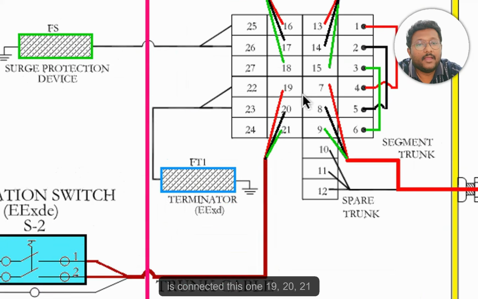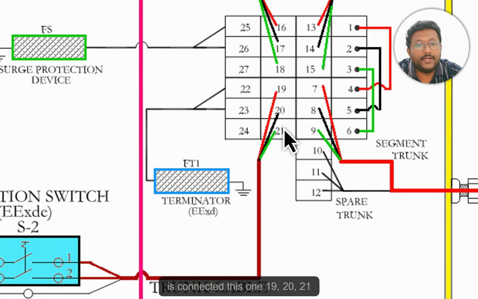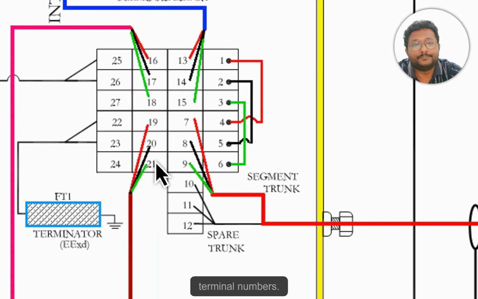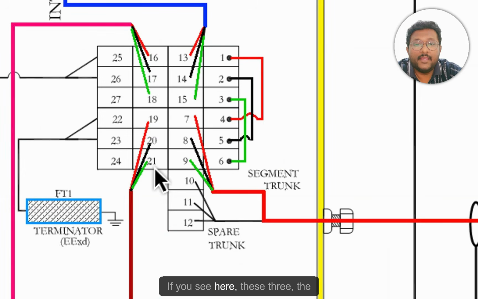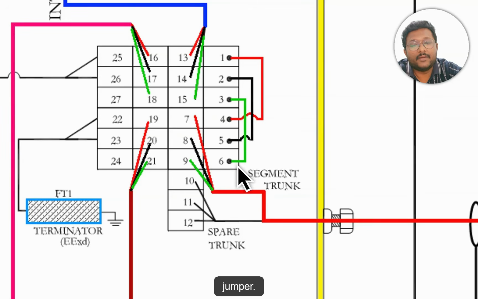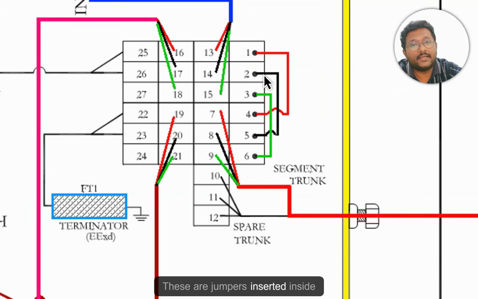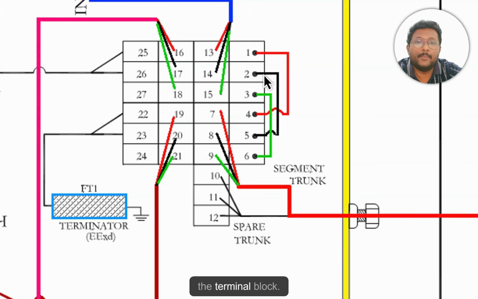This one, 19, 20, 21 terminal numbers, right? If you see here, these three, the red color jumper, the black color jumper, the green color jumper, are jumpers inserted inside the terminal block.